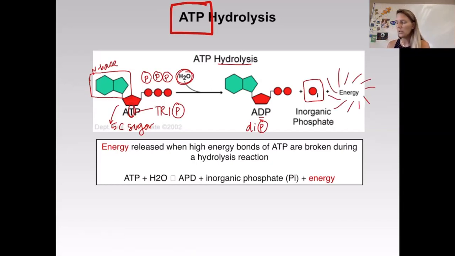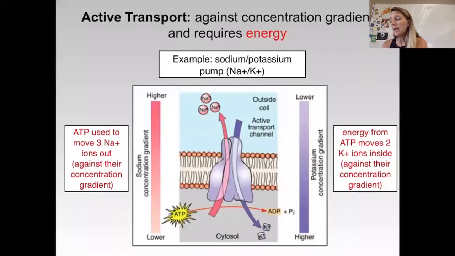So energy is released when these high energy bonds of the phosphates are broken in a hydrolysis reaction. So again, ATP plus water gives you ADP plus an inorganic phosphate plus the energy that we need to go against a concentration gradient. So active transport goes against the concentration gradient, and it requires lots of energy.